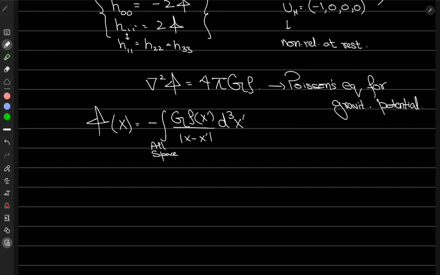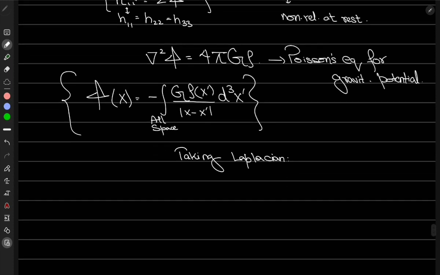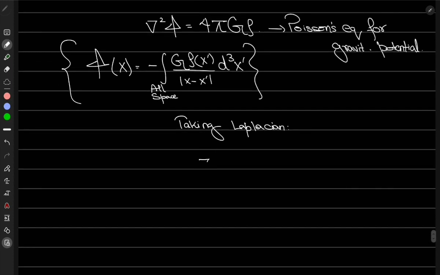Now I can take the Laplacian of both sides of this equation. The left hand side is just del squared phi of x.